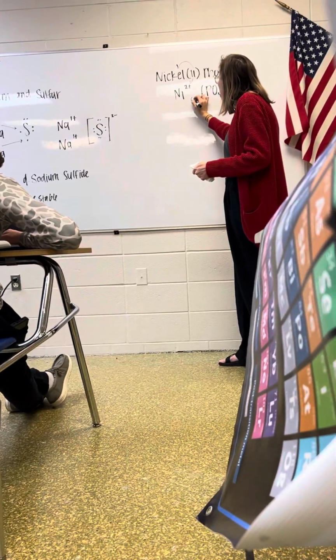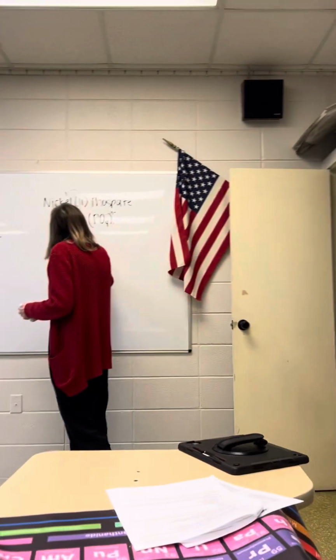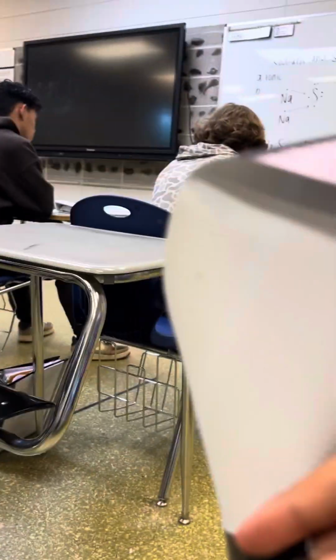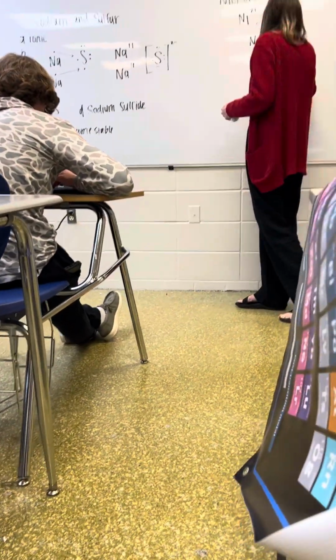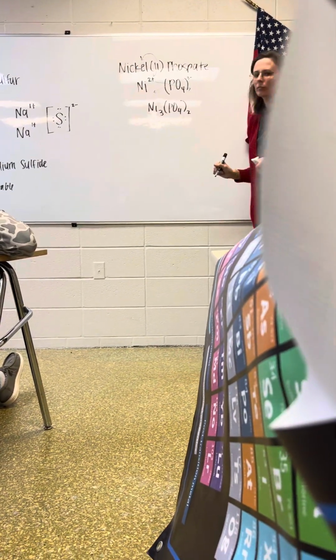This tells us what that is. And the phosphate is what? PO4 3 minus. Okay, then you would take this and move it down here and this and move it down here. So you would have Ni3 (PO4)2.